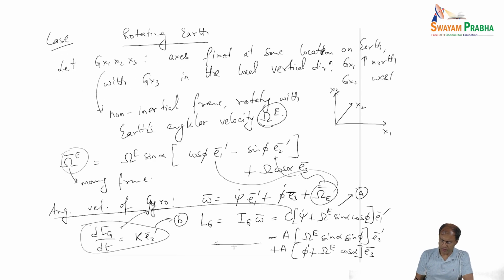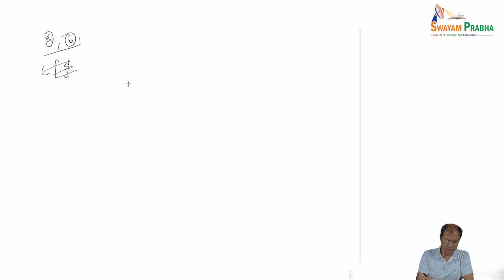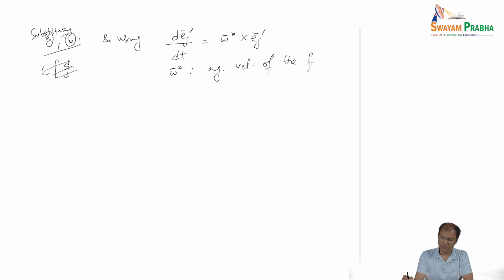The issue is we plug this angular momentum into the torque equation, substituting A into B and using the fact that dEj prime/dt is equal to omega star cross Ej prime, where omega star is the angular velocity of the frame G x1 prime, x2 prime, x3. We will be using this result in the expansion.